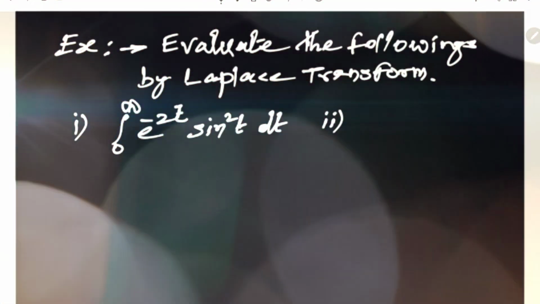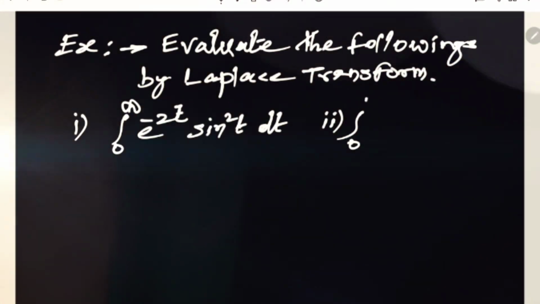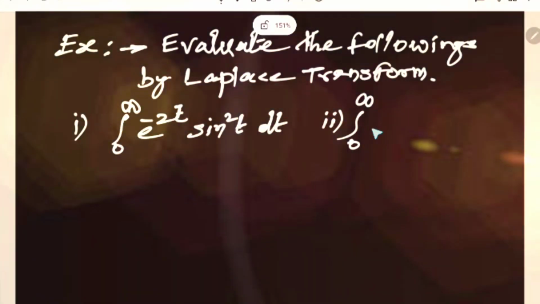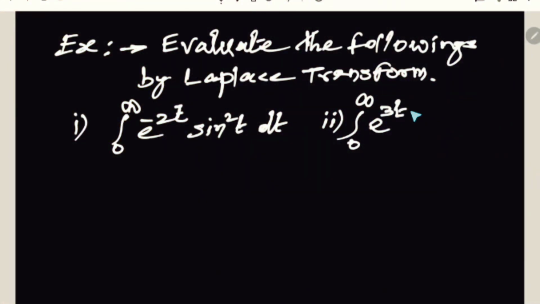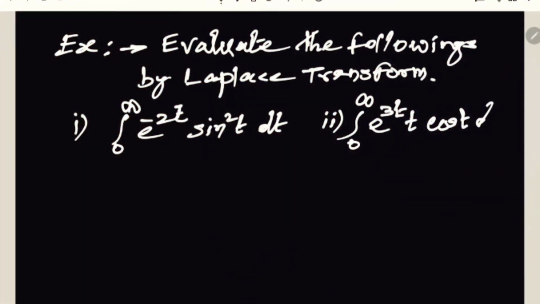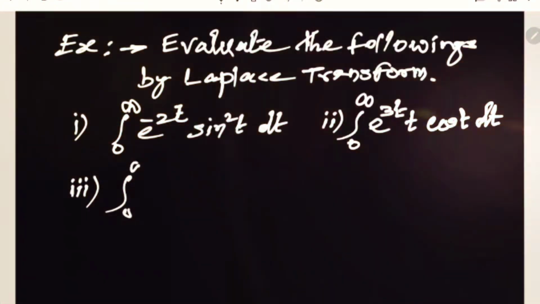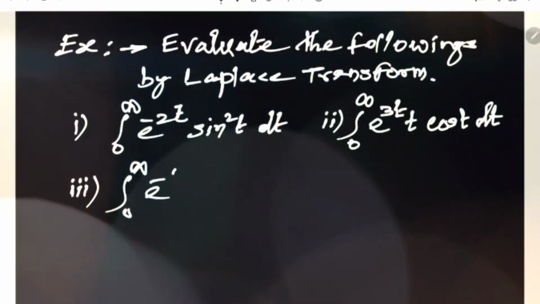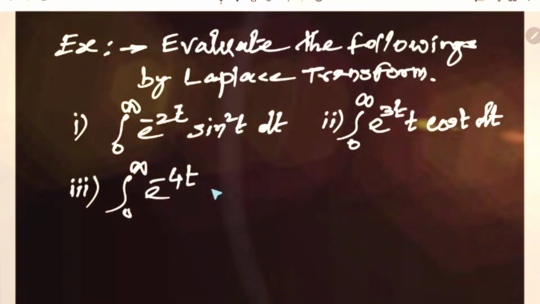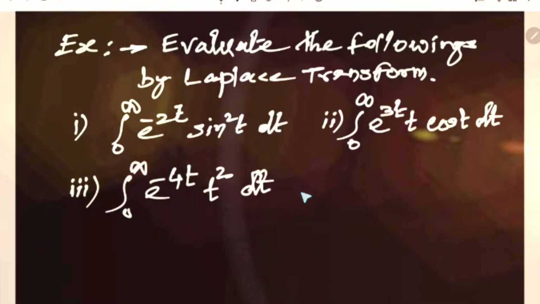Second, integration from 0 to infinity of e raised to 3t into t cos t dt. Then third, integration from 0 to infinity of e raised to minus 4t into t square with respect to t.